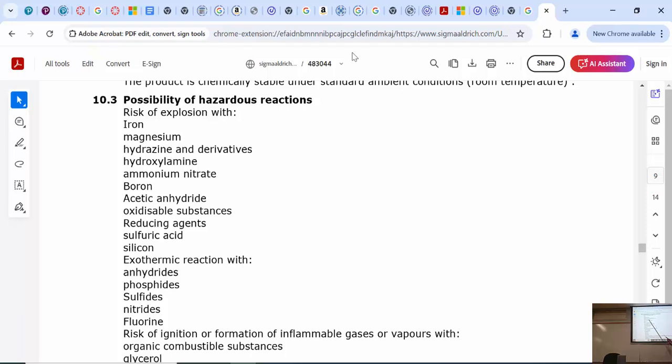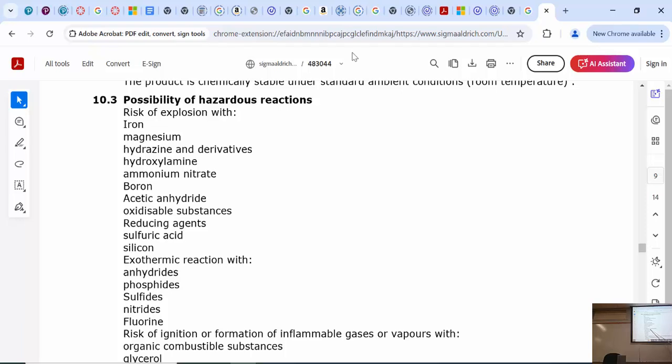These amines are good. Amines have nitrogen, electron-rich nitrogens. Ammonium has electron-rich nitrogen, although nitrate is not. Ammonium is a good reducer. Boron, acetic anhydride, these are all good reducers. Reducing agents. Sulfuric acid, that's weird.